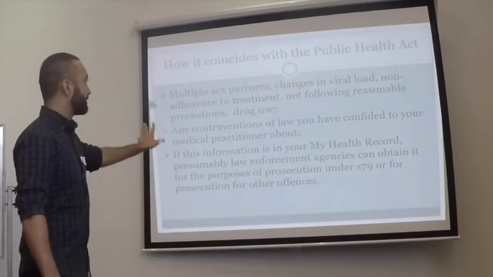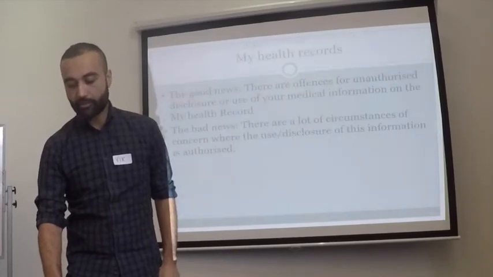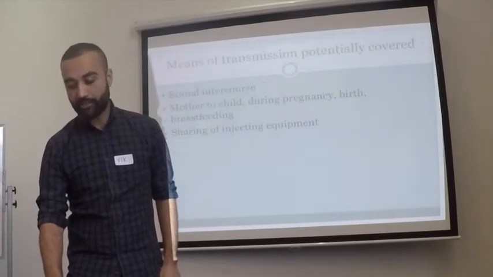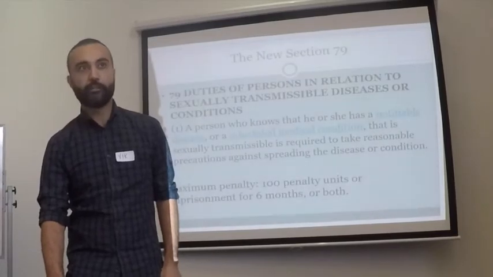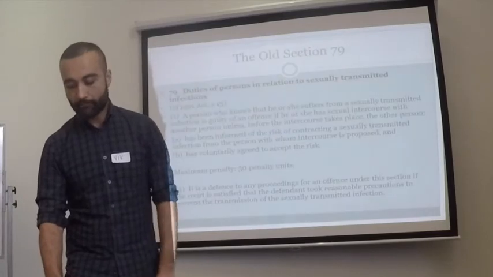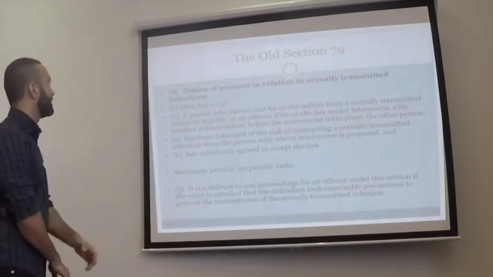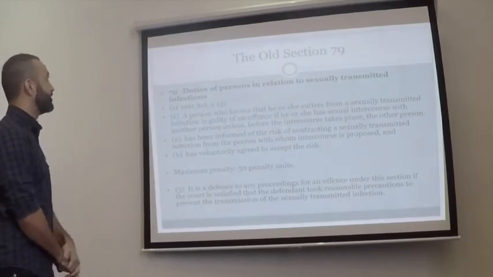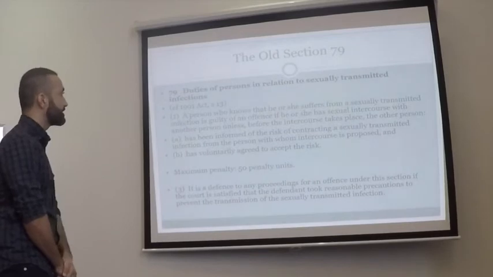So now I'm going to go back to talking about some of the changes, the change in the Public Health Act, Section 79, and then I'll talk about how the My Health Records might intersect with that. This was the old Section 79, on duties of persons in relation to sexually transmitted infections.